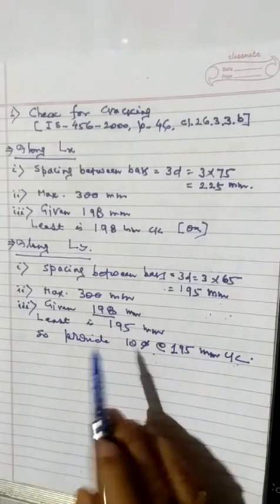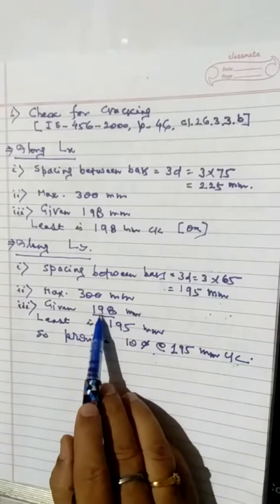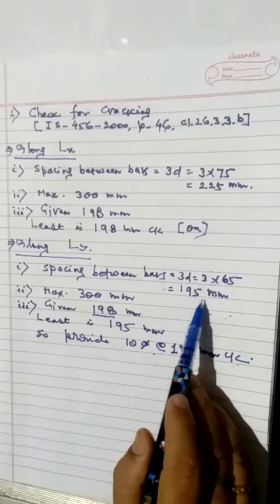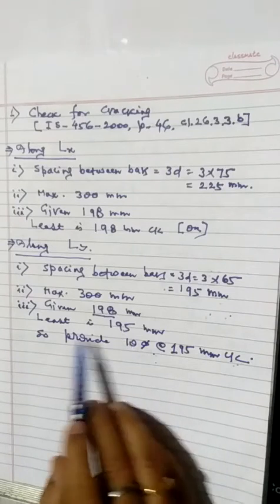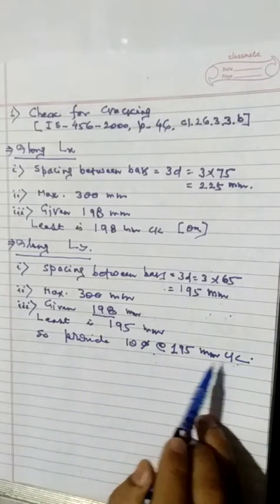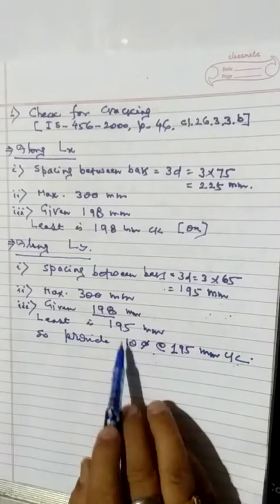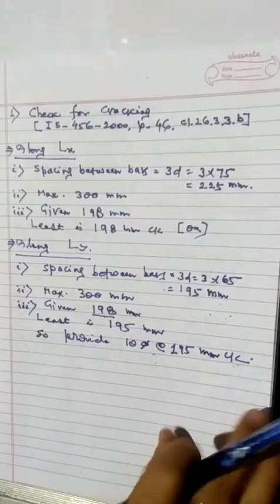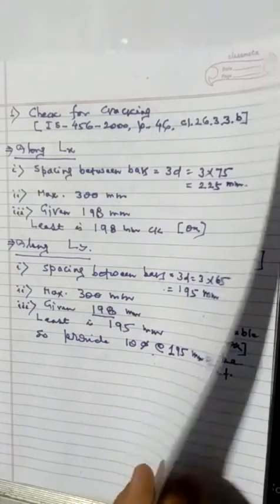But the slab has been given spacing of 198 mm center to center, so 195 is the correct spacing, so we should provide 10 mm diameter bar at 195 center to center. So through this check there has been a correction in the spacing of the longer span steel. So this way checking and correction is important.